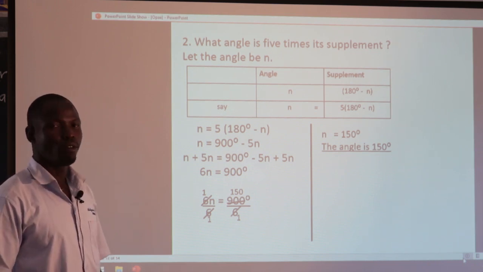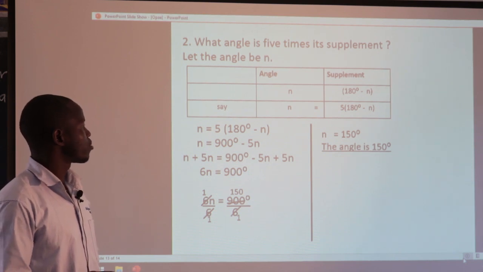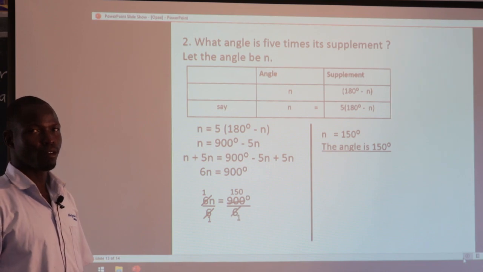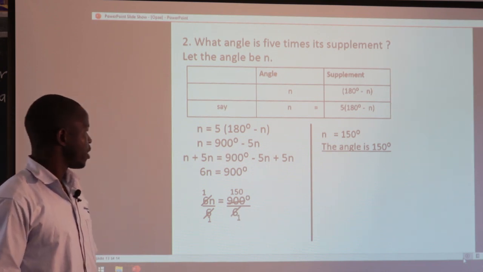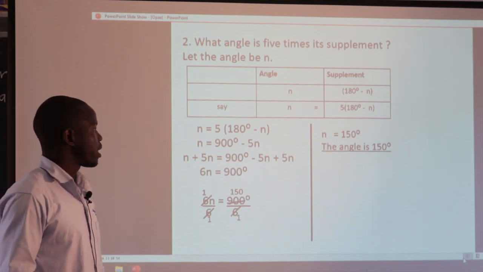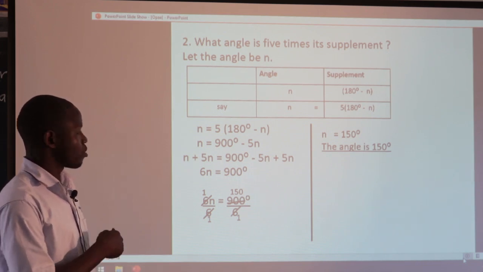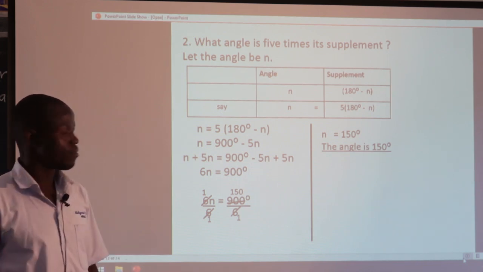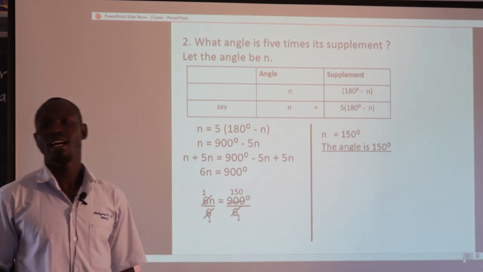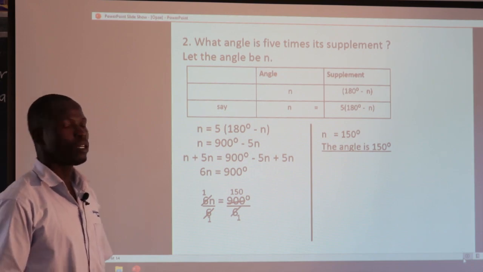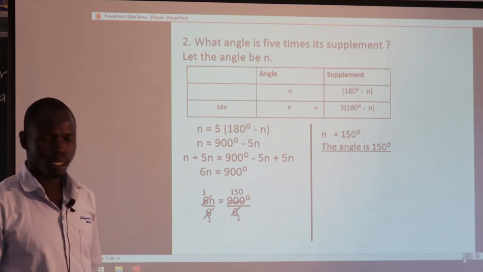I request that when you're working out, you create side work and multiply 180 degrees by 5 vertically to get the 900 degrees. The additive inverse of minus 5N gives us positive 5N. So next step will be N plus 5N is equal to 900 degrees minus 5N plus 5N, which gives you 6N is equal to 900 degrees.